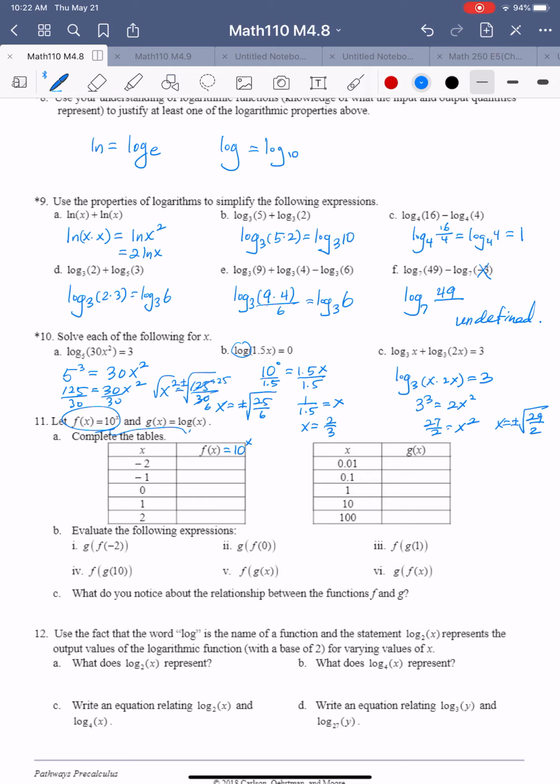So it's going to be 0.01, 0.1, 1, 10, and 100, right? But if you plug it into the log, so this is a log of x, okay, so this becomes negative 2 and negative 1 and 0 and 1 and 2. Okay, so now we have a table.